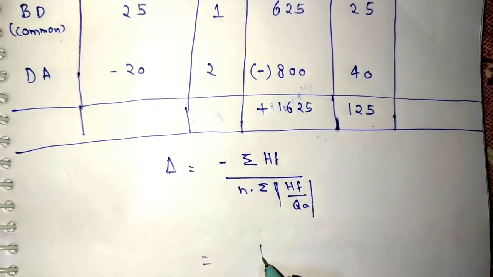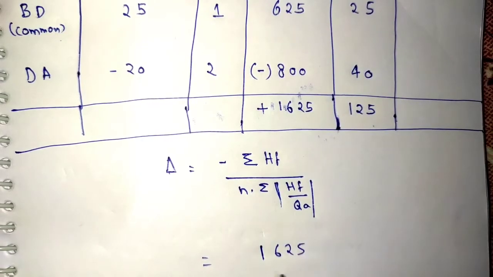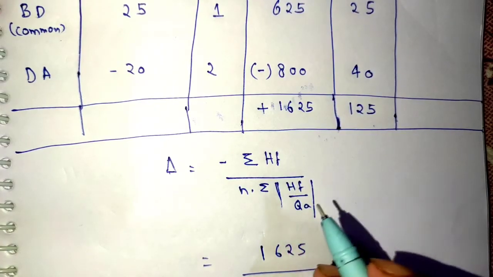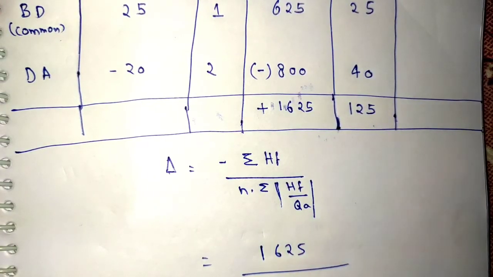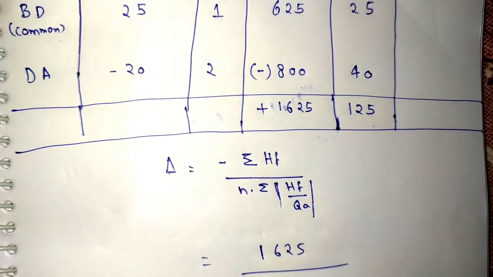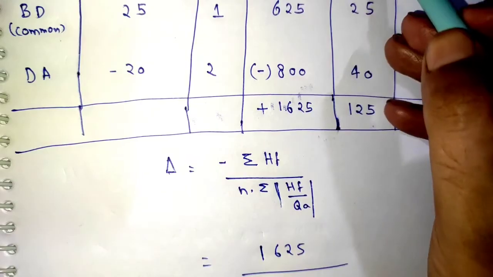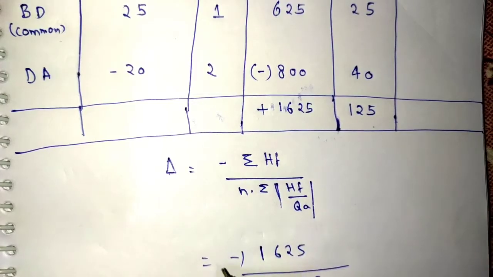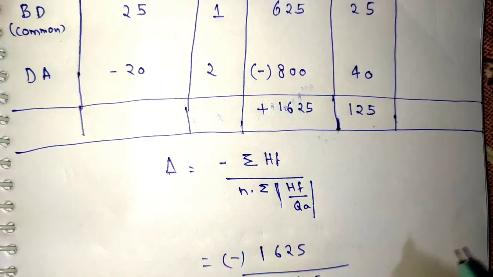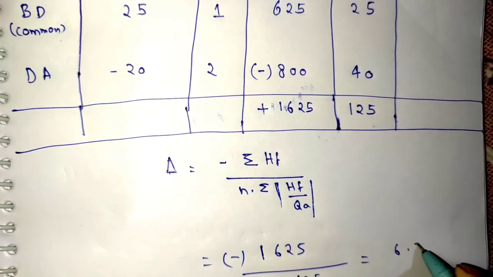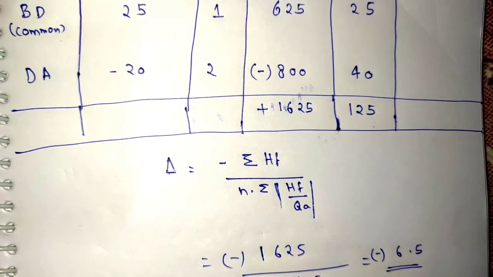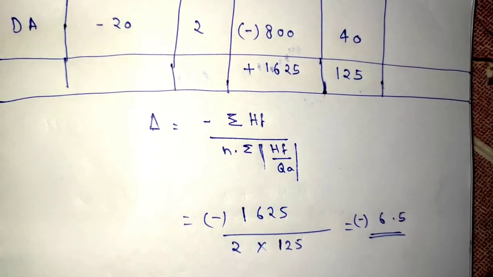So we will write 1625 here divided by n. What do I have? N is 2, and the absolute sum of HF by QA is 125. So 2 into 125, of course negative will be here. So 1625 divided by 250 is 6.5, and minus will stay here. So what we have as delta is minus 6.5.